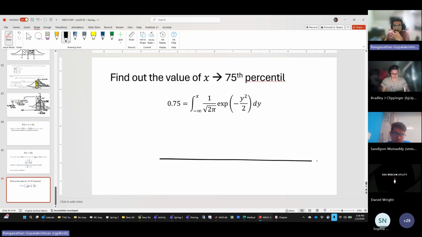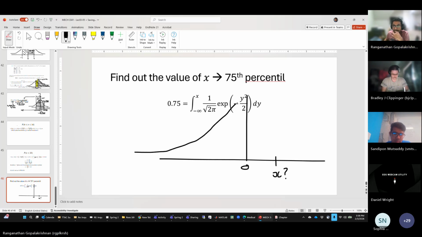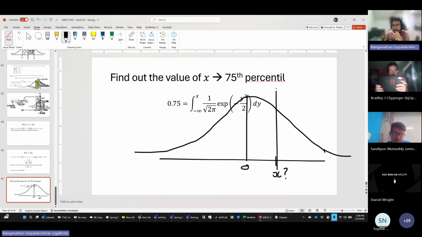So if this is 0, I'm trying to determine what value of X will be such that everything to the left of X is 75%.